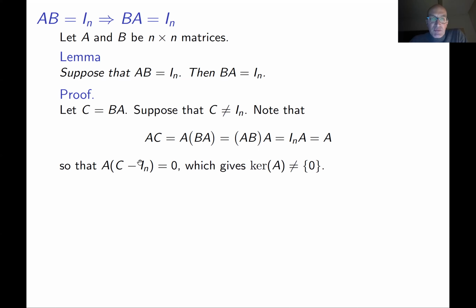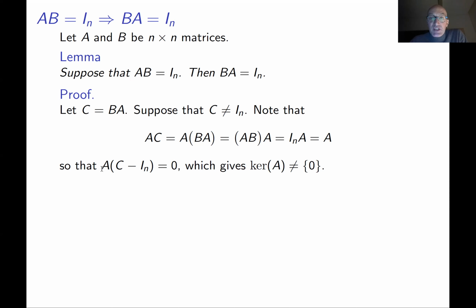What does it mean? It means that A times some non-zero matrix equals 0. Keep in mind that C, by assumption, is different from the identity matrix. So C minus identity is not a zero matrix. In particular, at least one of its columns is not a zero vector.